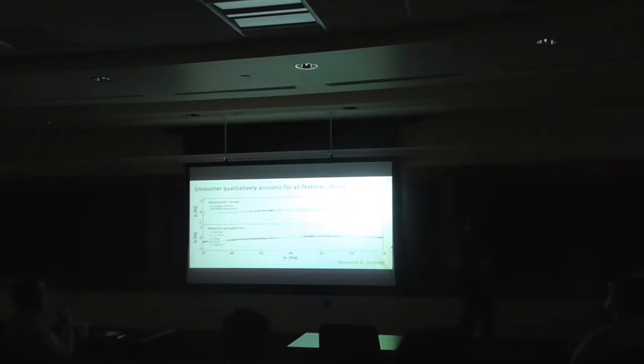It does explain many of the features that we see in the data, and we have some parameters of this perturbation. It seems this model happened almost half a gigayear ago. It's a few million solar masses, and it passes really close by the stream.